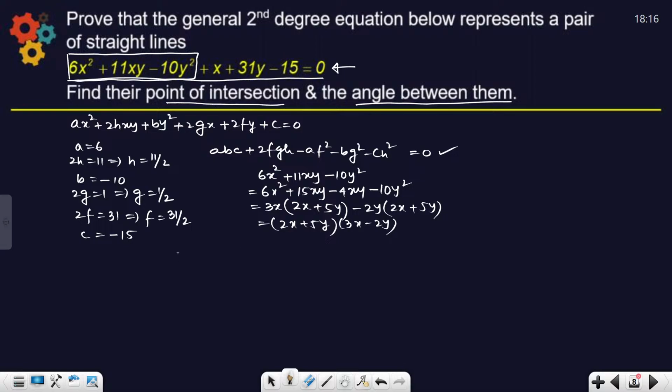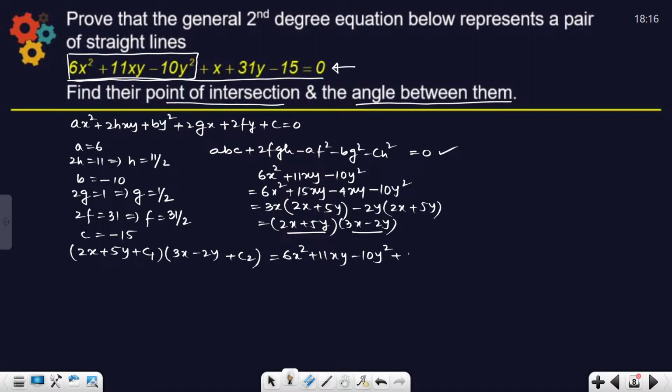Now all you do is to find out the actual equation of the straight lines. All you do is you say that your two straight lines will be 2x plus 5y, the expression that you got here, plus add a constant C1, 3x minus 2y, the second factor, add C2, and this is equal to the equation given to us.